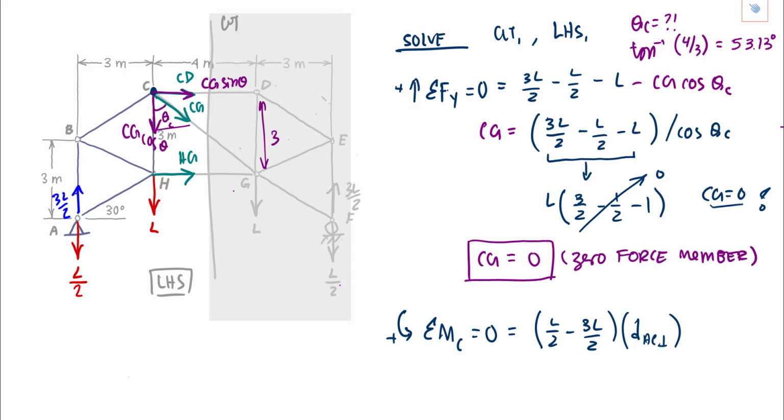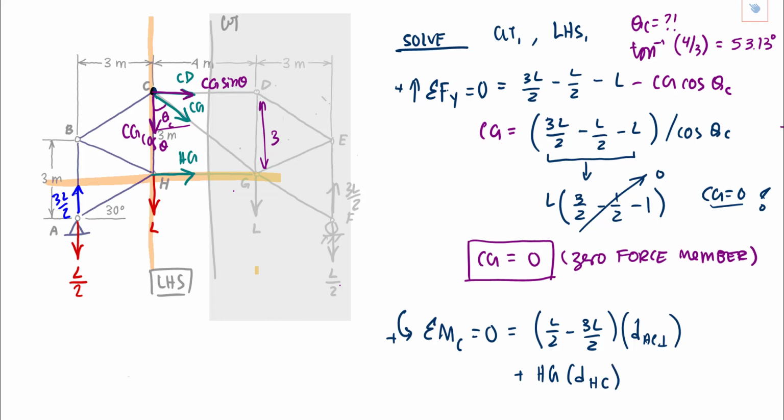How about this force here? This force passes through C, so there is no induced moment with that one. However, we do have HG over here, and the distance from H to C is 3. What direction is HG going to cause us to rotate in? It's also going to be counterclockwise. So then plus HG times the length of that member, I'm just going to call it HC.